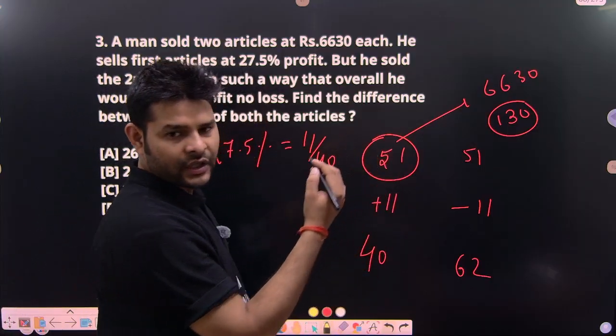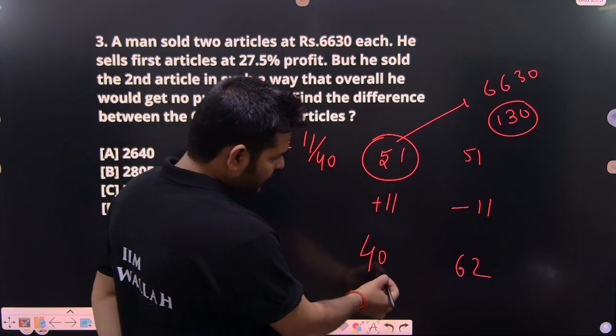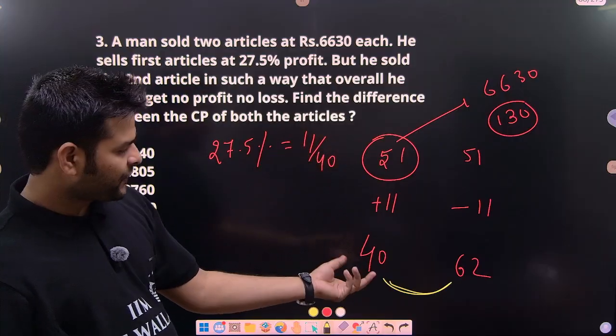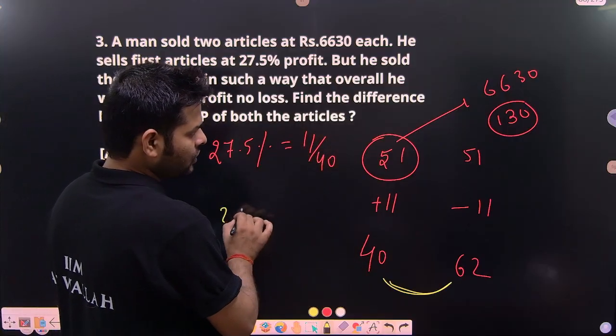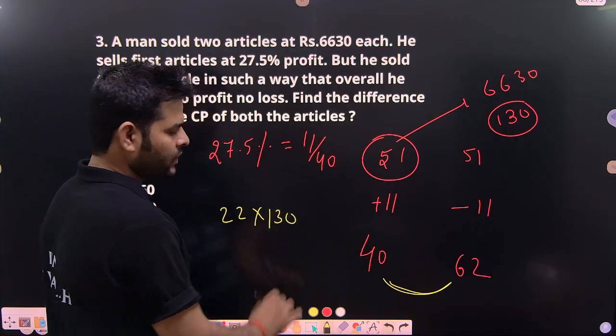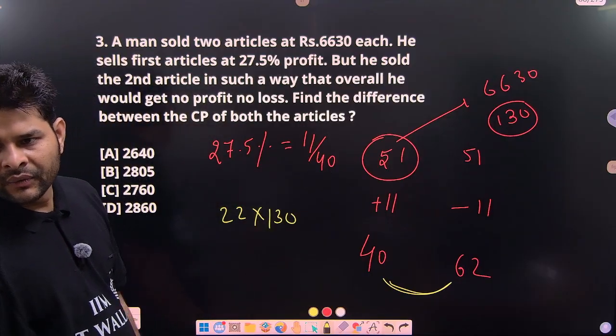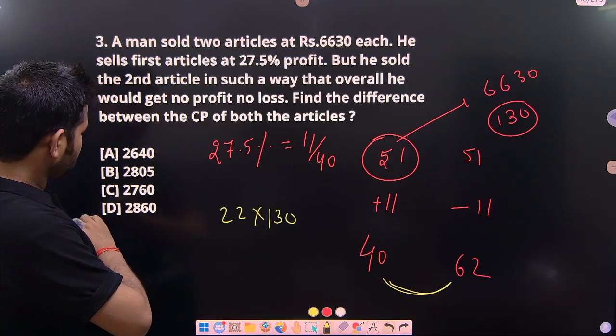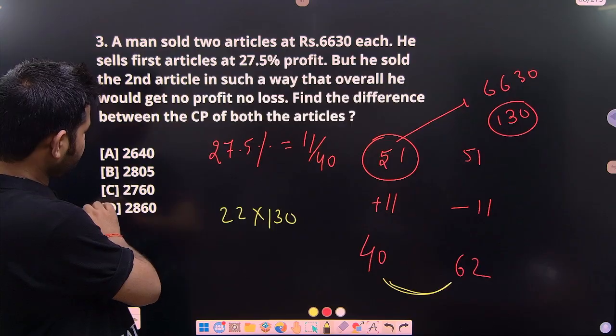That is one unit value. You need to make the difference. We have been asked the difference of their CPs. So the difference is 22. So 22 multiplied by 130 would be 2860.